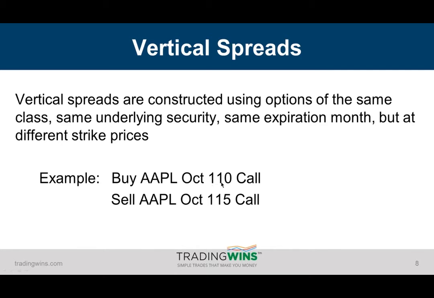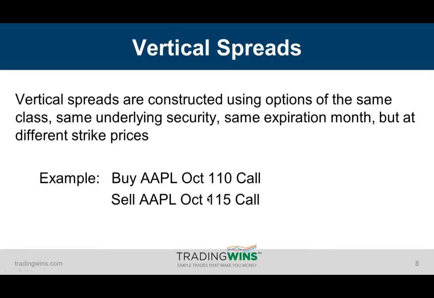So we're long the lower strike, short the higher strike. But if you look at this, we have the same underlying, the same expiration month, just different strike prices, okay? That's a typical vertical spread.